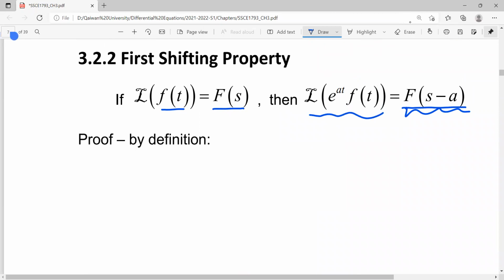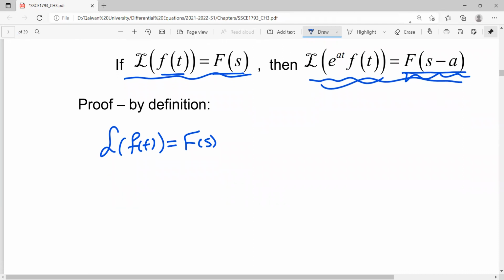It's given that the Laplace transform of f of t equals F of s. And we must prove that F of s minus a equals the Laplace transform of e to the power at times f of t.